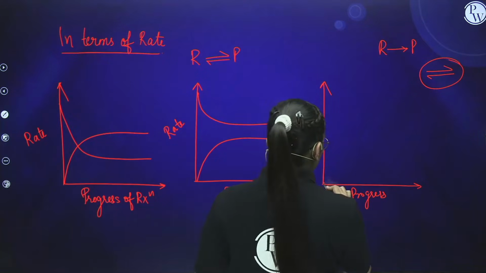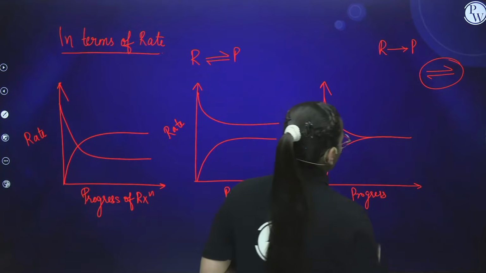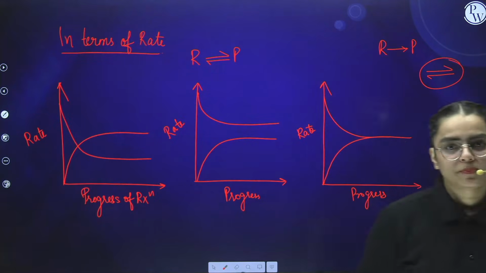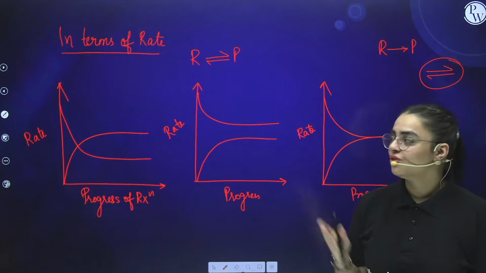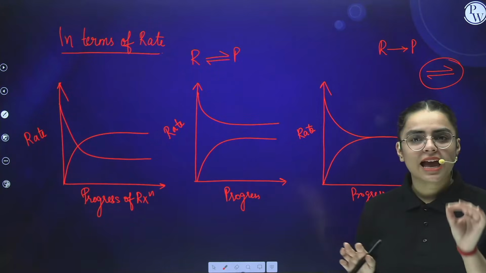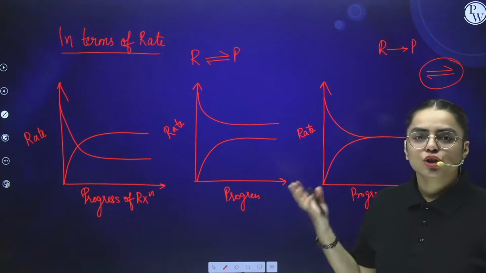Now comes the third one. Okay, my question is, are these graphs similar to the previous one? No. Why no? Because in the previous case, we have taken concentration on the y-axis. Here we are talking about rate on the y-axis. Clear?